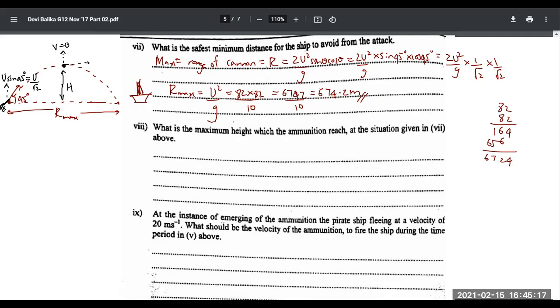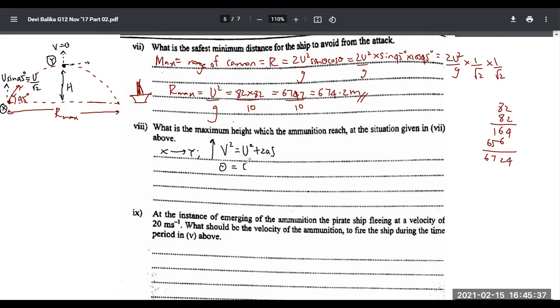There is an equation for maximum height, but it's better if you go with the equations of motion from x to y. Let's apply v squared equals u squared plus 2as upwards, because I know the final velocity upwards is 0. What is the initial velocity upwards?